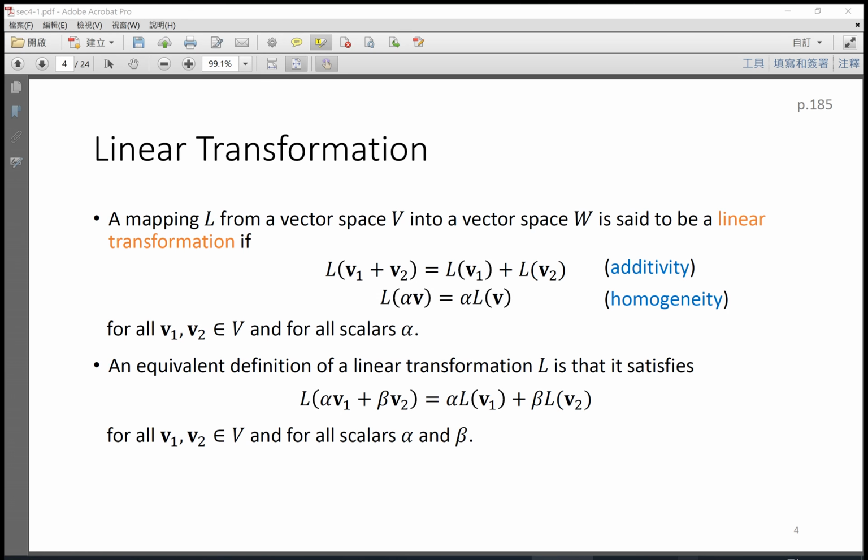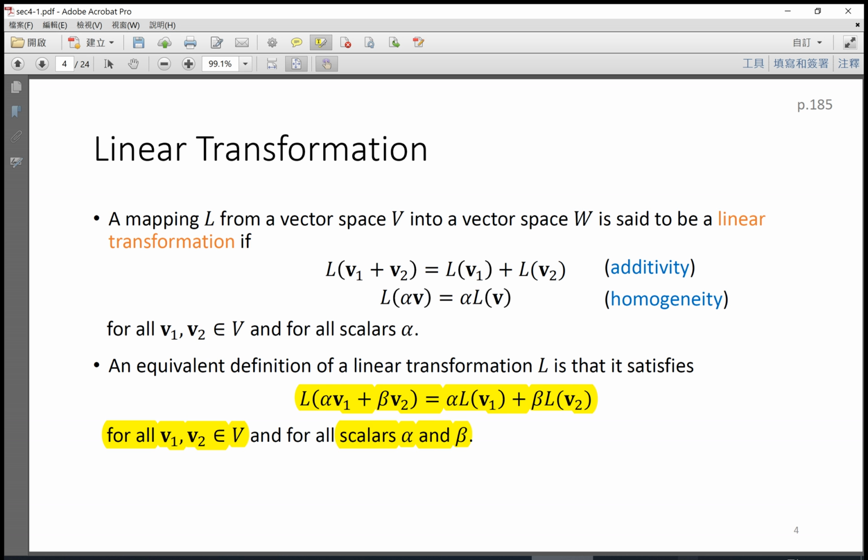An equivalent definition of a linear transformation L is that it satisfies L of alpha times V1 plus beta times V2 equals alpha times L of V1 plus beta times L of V2 for all V1 and V2 in the vector space and for all scalars alpha and beta.